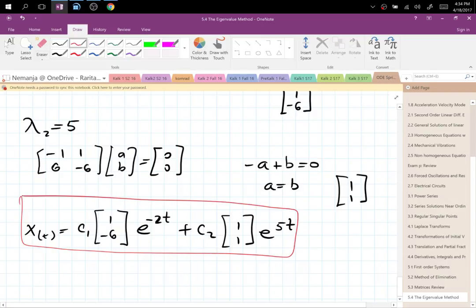Ta-da! Just use the eigenpairs carefully, plug everything in.